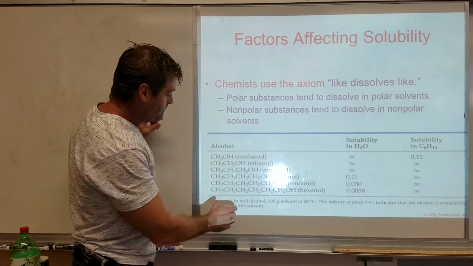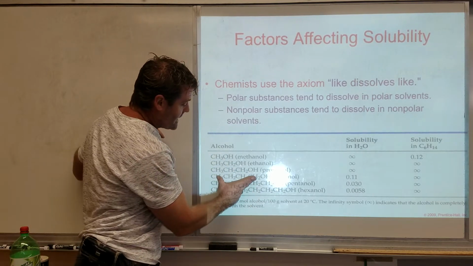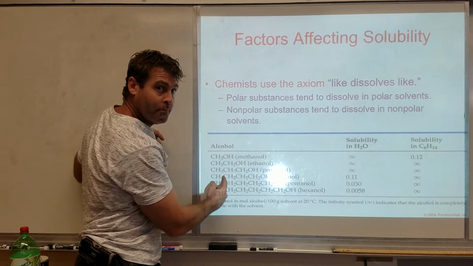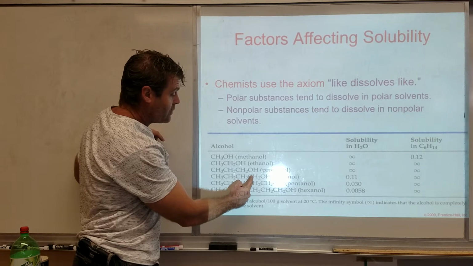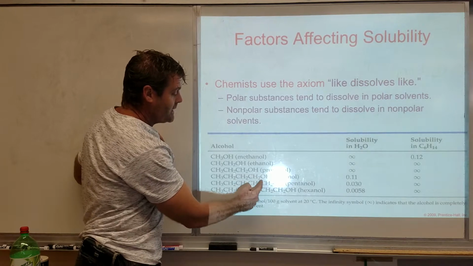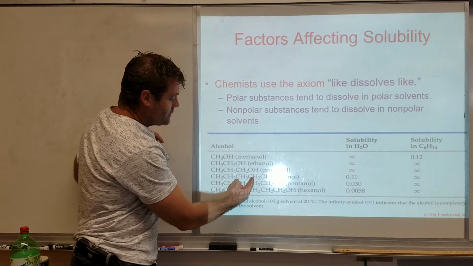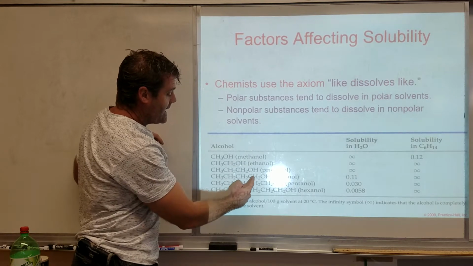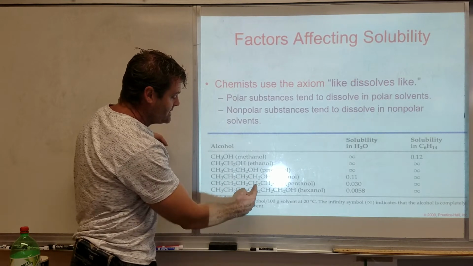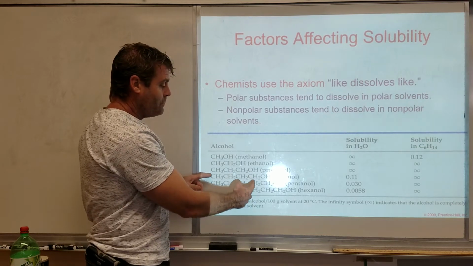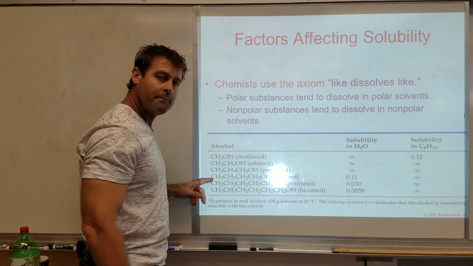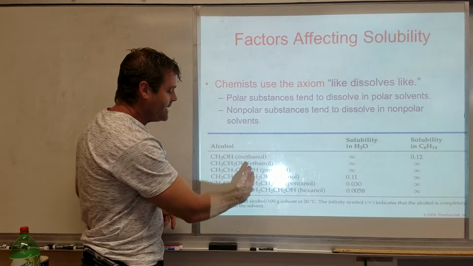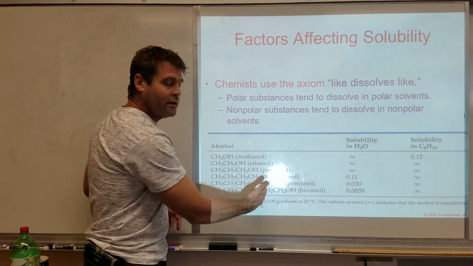But as the alcohol gets larger, wouldn't you agree the hydrocarbon chain is really a non-polar component of that overall alcohol molecule? Really, what's making it polar is this OH group. As the carbon hydrogen component of the alcohol increases, the alcohol becomes more and more non-polar, right? Because it's going to be more dominated by the hydrocarbon portion rather than the little OH group.